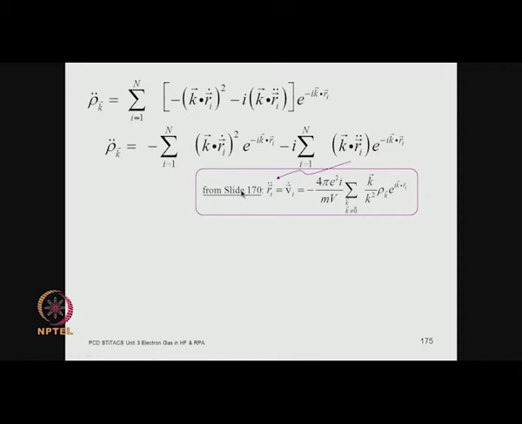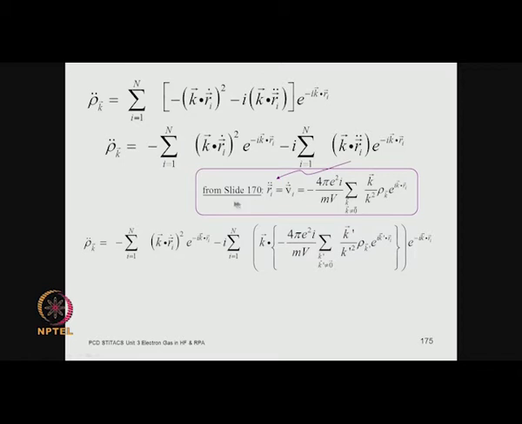Okay, and this is from a previous slide, just few slides prior to this one, and in this one we have got the acceleration term of the ith electron, for which we obtained this result, and we can plug in this expression over here.